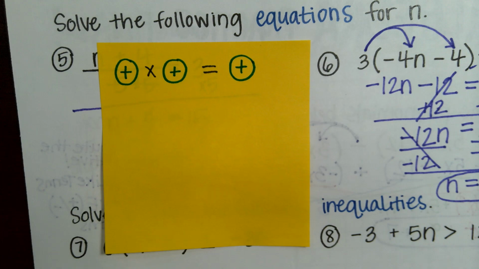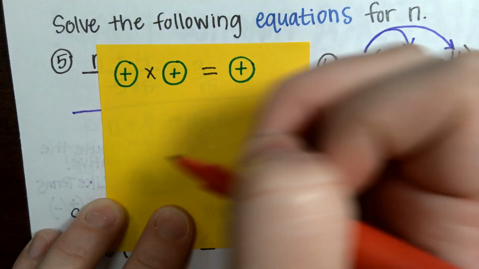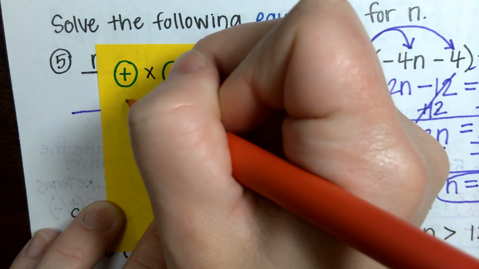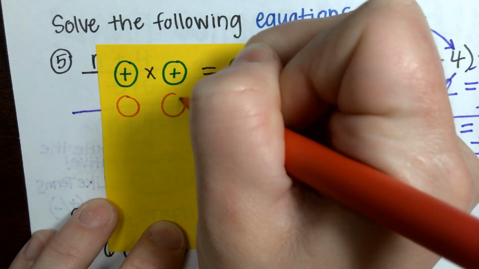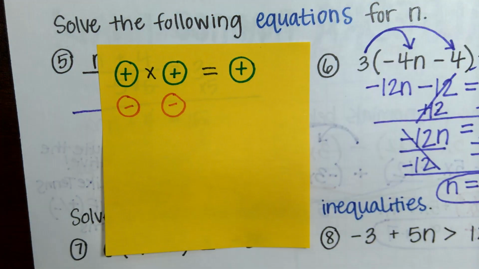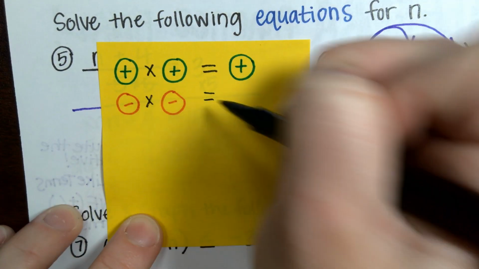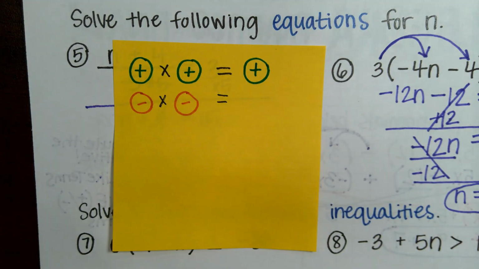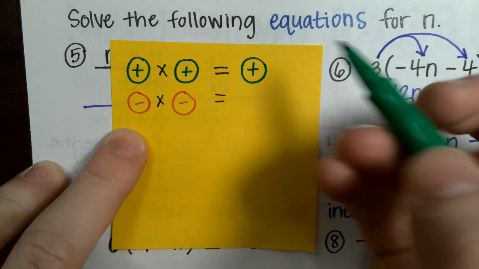What about a negative times a negative? Yeah, this is going to give us also a positive answer. So whenever we have two negatives, here's how I like to think of it.